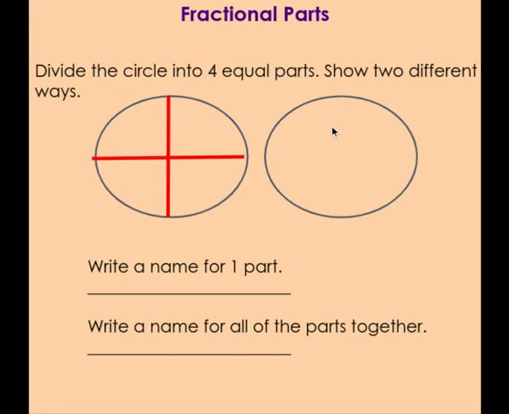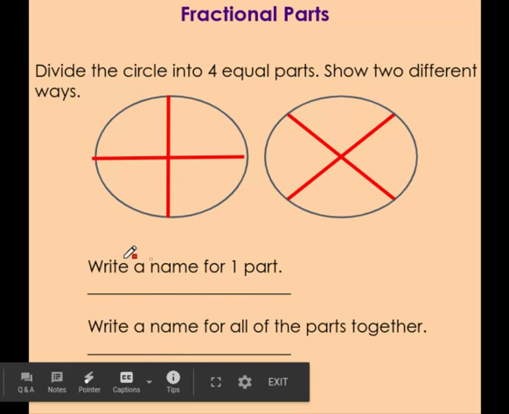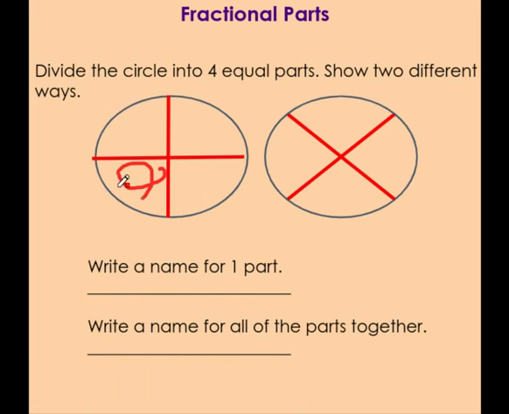I know I can't draw 3 lines up and down because those would mean my parts are not equal. So maybe I'll try to draw another diagonal. Those parts are equal, and then if I cross it over, it looks like I have 1, 2, 3, 4 equal parts. Now, if I want to write the name for one of my parts, well, I could say that is 1, and then total, I have 4.